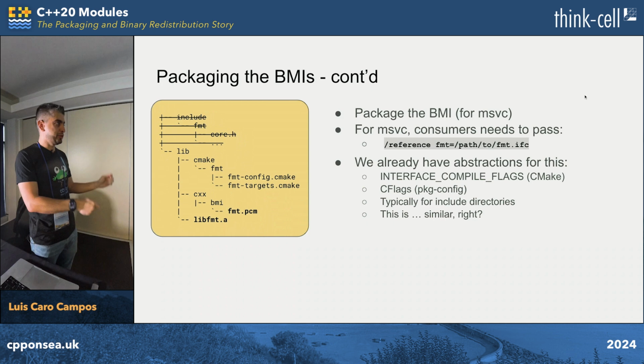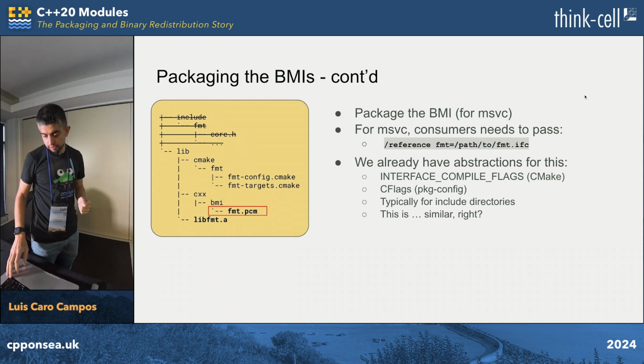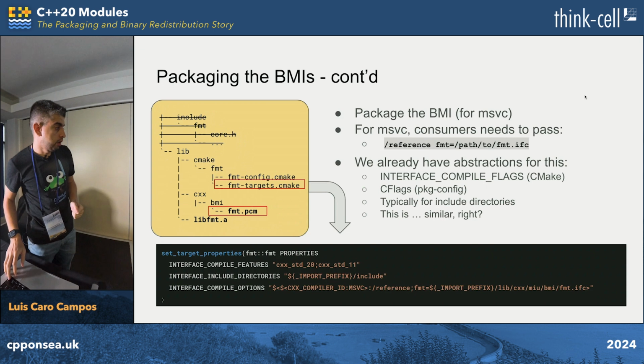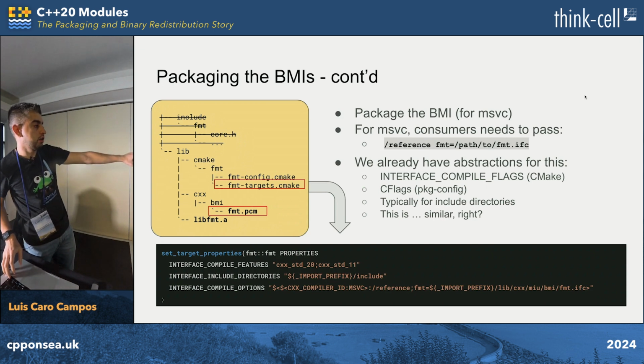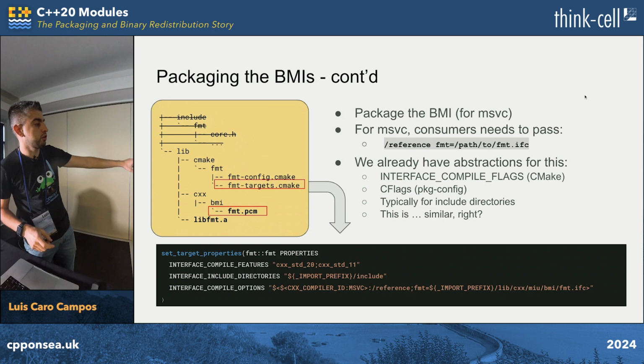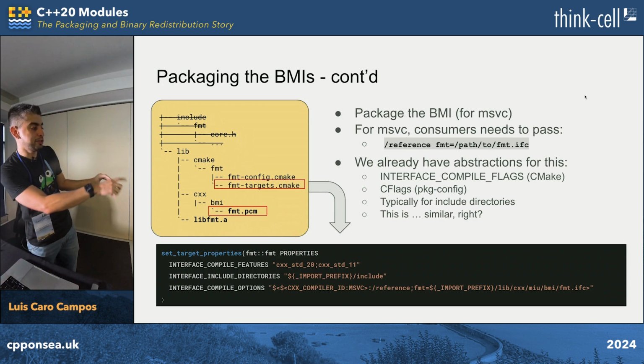I created packages that had the BMI and the library file with a compiler flag like that. And in CMake, I created an imported target. So fmt::fmt is an imported target. And I just manually typed that last line there into interface compile options.